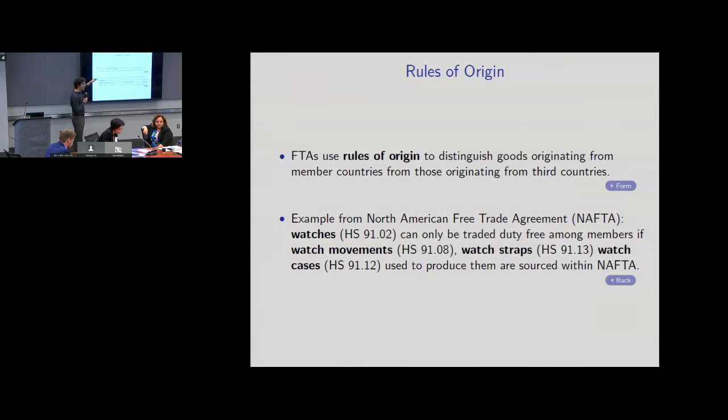So basically, when there is, let's say, good A, which has many restrictions, let's say B1, B3, B4, B5, all these Bs are going to have many restrictions in the inputs they can source as well. So there is a network of rules of origin that prevents escaping from the rules by the mechanism you were emphasizing.